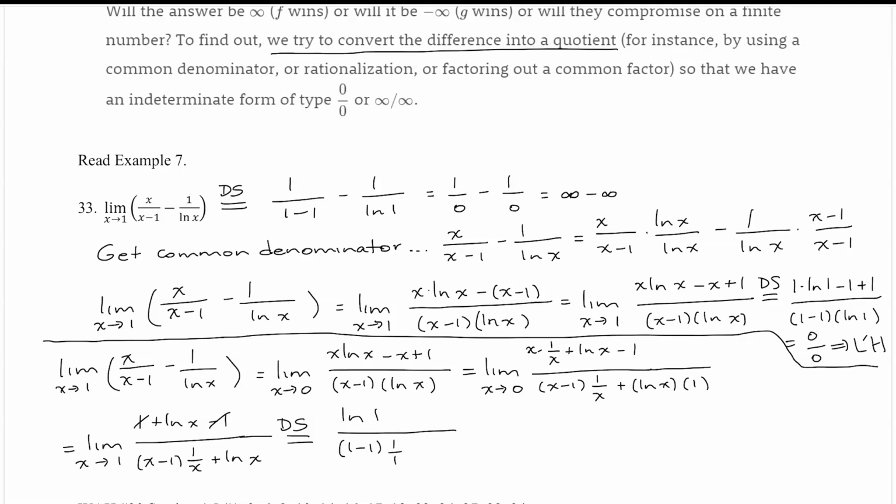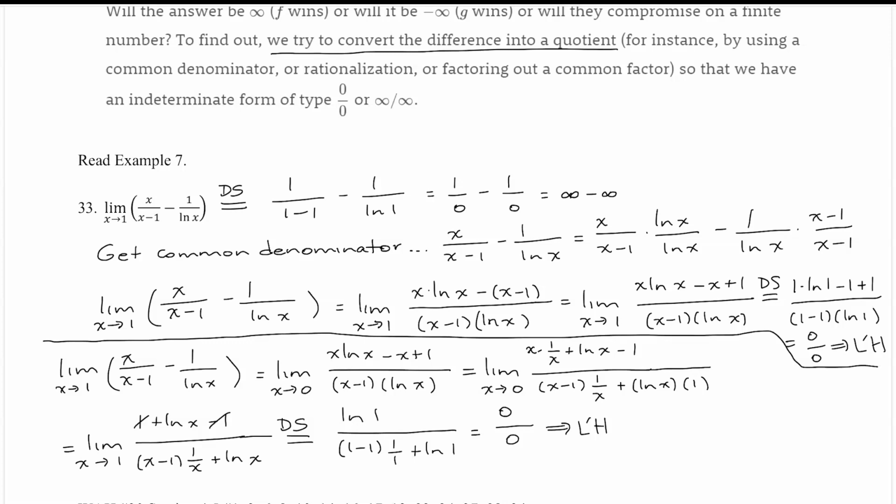And the two ones in the numerator go away. So now I'm ready to try direct substitution. And I've got the ln of 1 over 1 minus 1 times 1 over 1 plus ln 1. That is, the natural log of 1 is 0. And in the denominator, I have 0 times 1, which is 0, plus the ln of 1, which is 0.